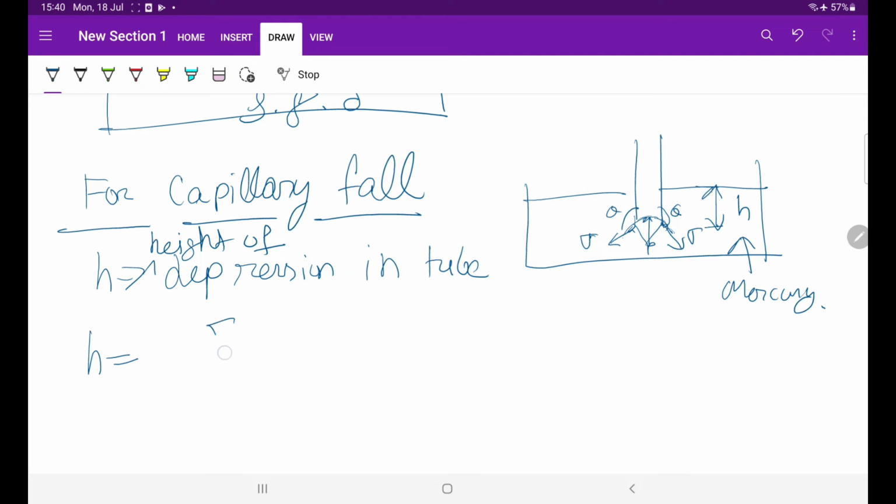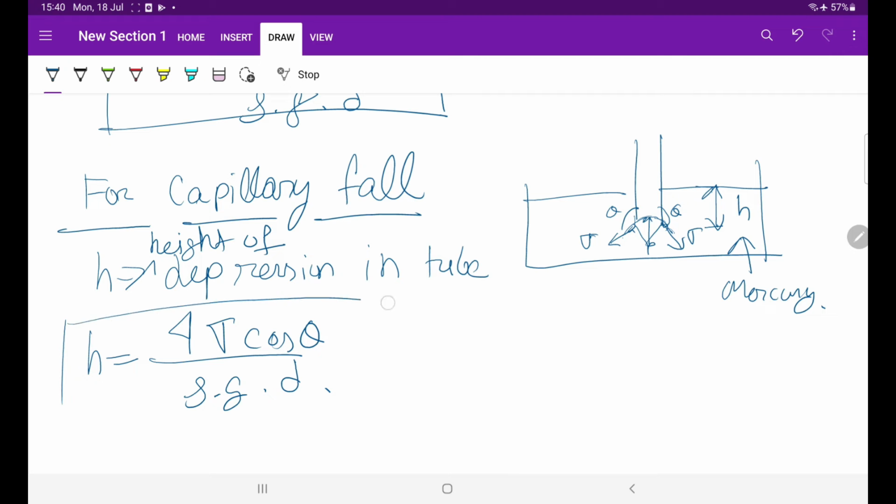So h equals, what was the earlier formula, 4 sigma cos theta by rho g d, right? It is the same, 4 sigma cos theta by rho g d, only in this case it will be negative and theta will have a value, right?